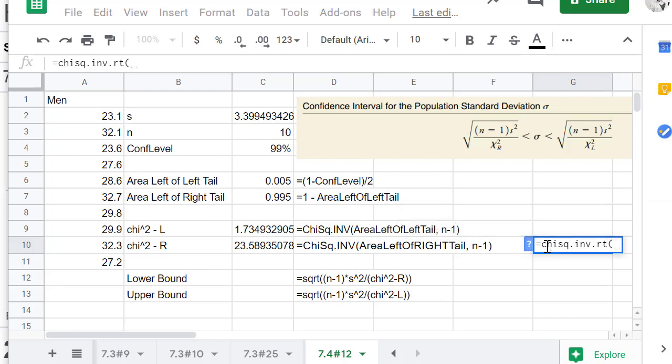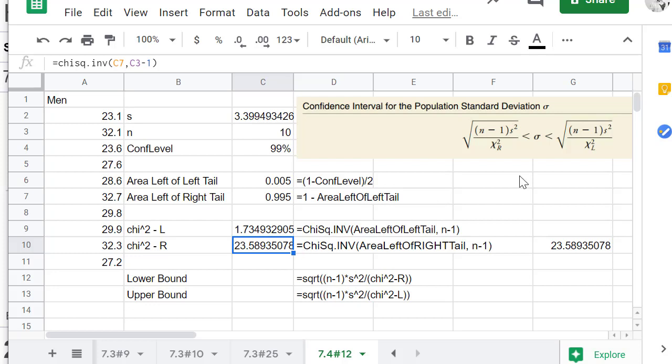And if we put this value 0.005, and then our n minus 1 was 9, we're going to get the same result as what we got. So however way you want to do it with our current Google Sheets version, that'll work.